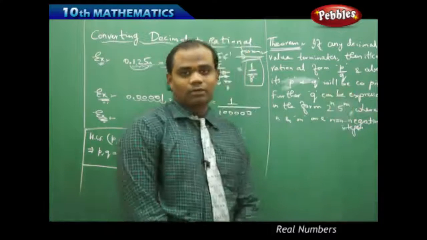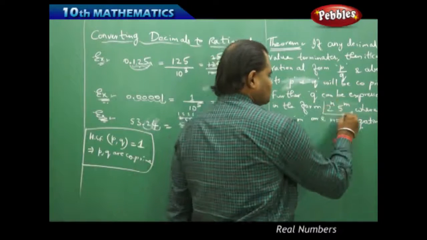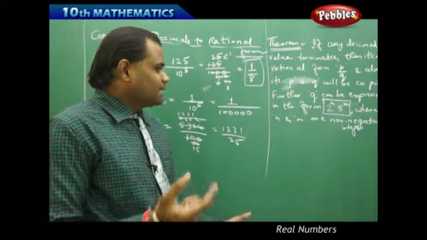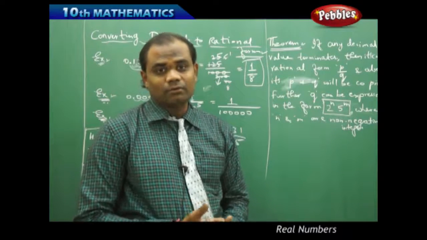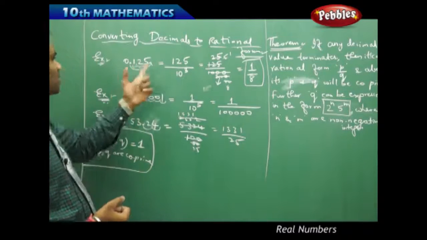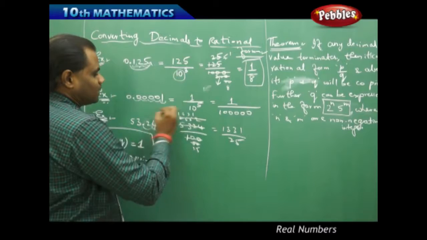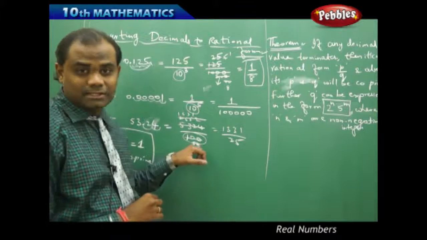So this is how I conclude the theorem, but the whole of this concept is what we need to understand and is very important. So why did I say that Q can be expressed in the form 2 power n and 5 power m? What is the need? Because whenever I wanted to convert the decimal value into the rational form, I have taken divided by 10 power, which is 100 as 10 square.